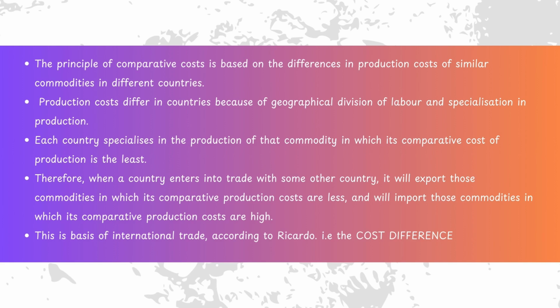Therefore, when a country enters into trade with another country, it will export those commodities in which its comparative production costs are less and will import those commodities in which its comparative production costs are high. This is the basis of international trade according to Ricardo, and we know it as cost difference.